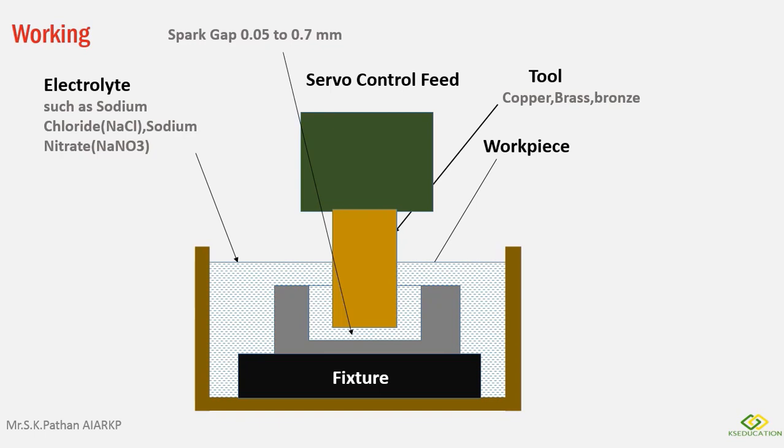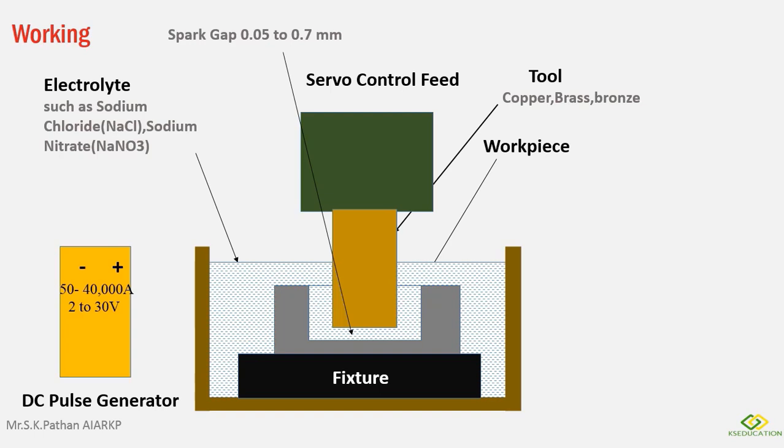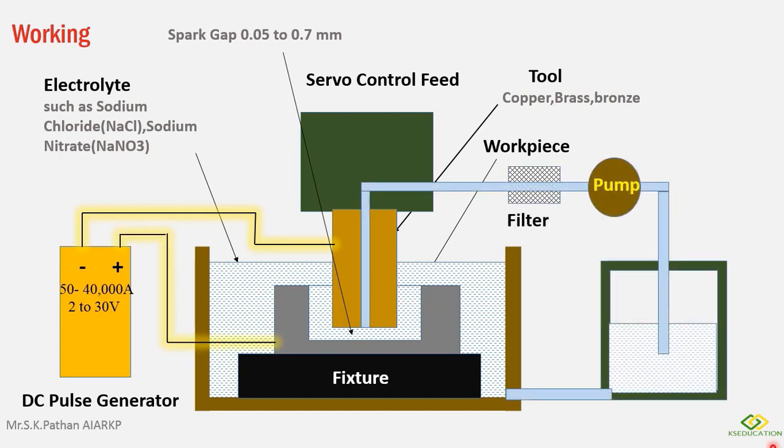This thing we have seen in the EDM also. A strong electric current, that is 50 to 40,000 ampere and 2 to 30 volt, is supplied to the tool, which is negative, and to the work, which is positive. And there is a recirculating system.